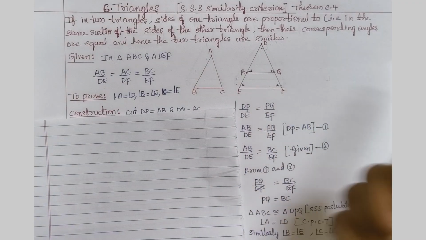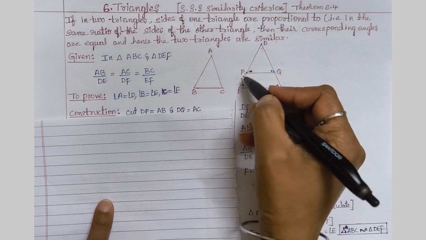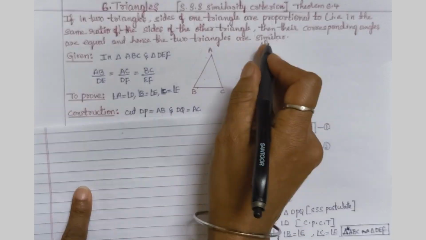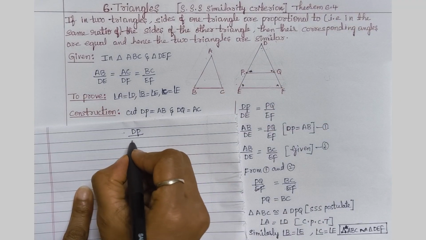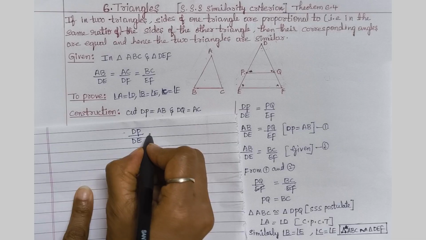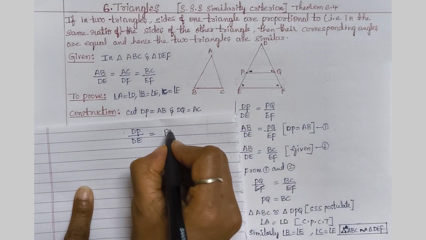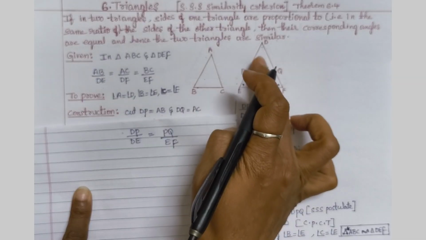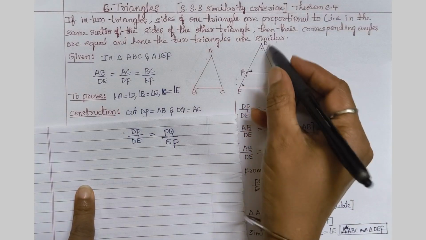Similar triangles means their sides are proportional. Proportional means I am taking DP by DE. Try to understand this point. DP by DE equal to PQ by EF. We can take PQ by EF. Why? Now we only proved these two triangles are similar triangles. Similar triangles means sides are proportional.